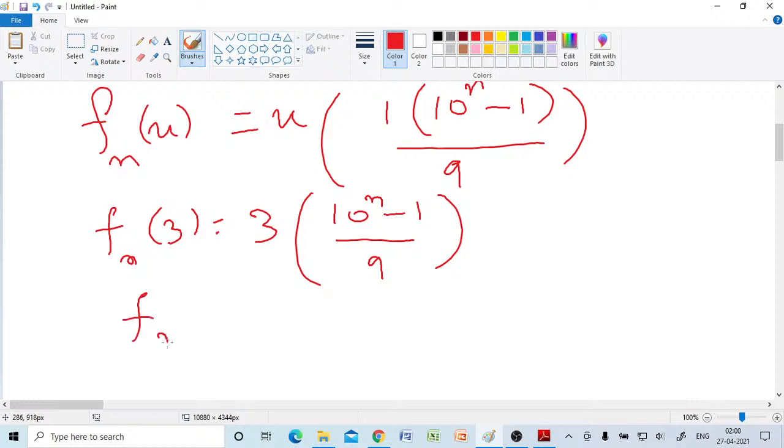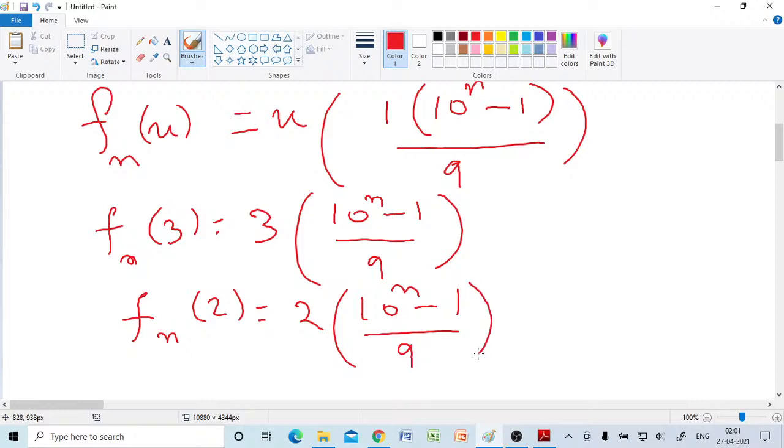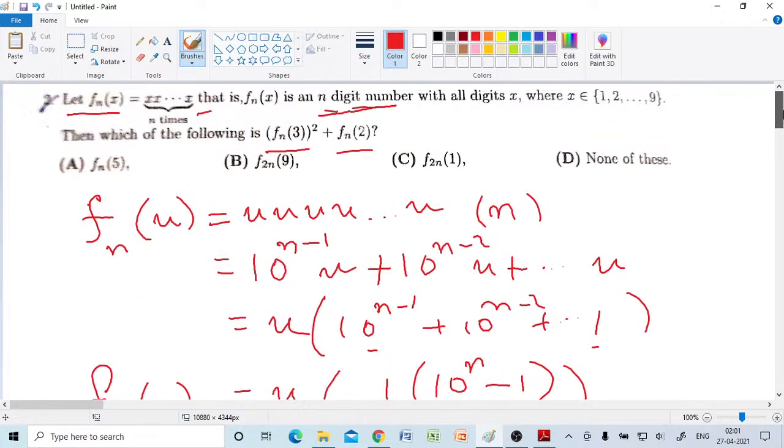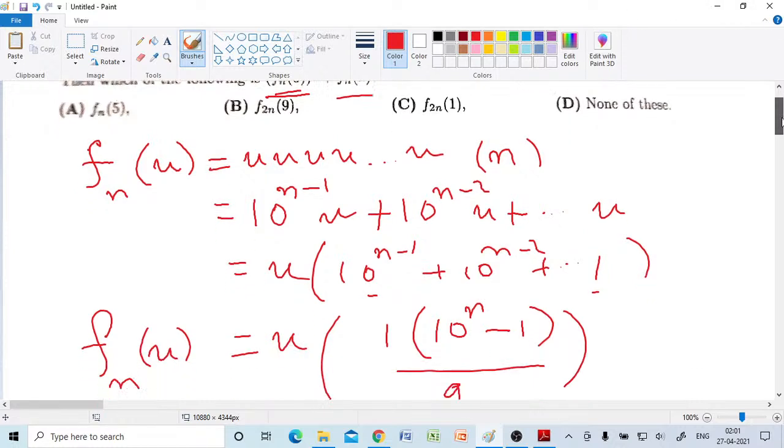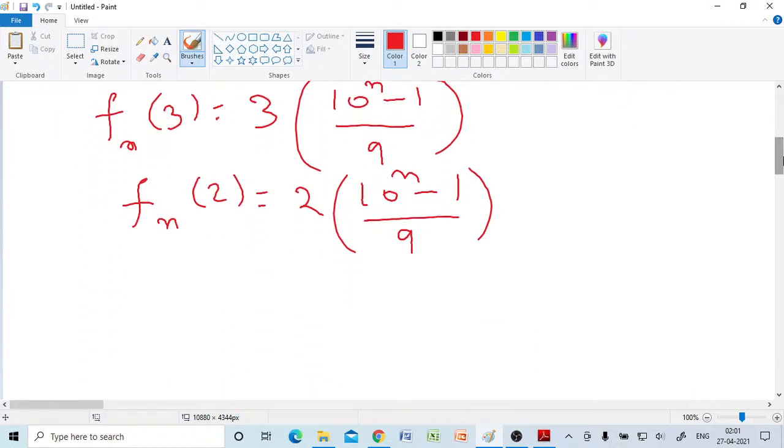And what is f_n(2)? It's 2 times 10 to the power of n minus 1 by 9. Okay. So we are told that we need to square this term. Okay, so let's do it. Square and add them. Okay, so let's square this.